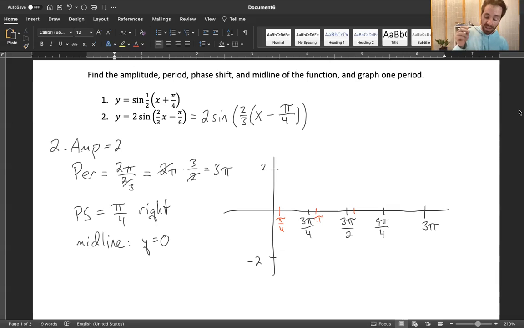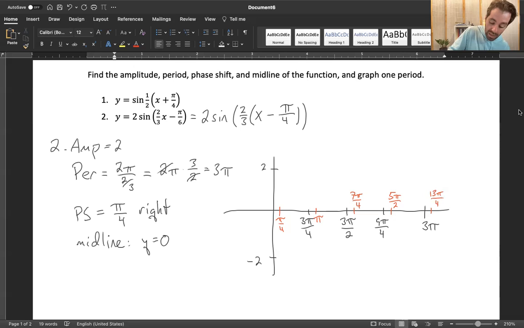That would be 7 pi over 4. And then this plus pi over 4 would be 10 pi over 4, or 5 pi over 2. 3 pi plus pi over 4 would be 13 pi over 4. This is like the fraction reduction Olympics right here.